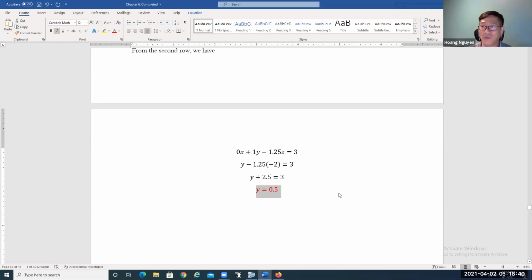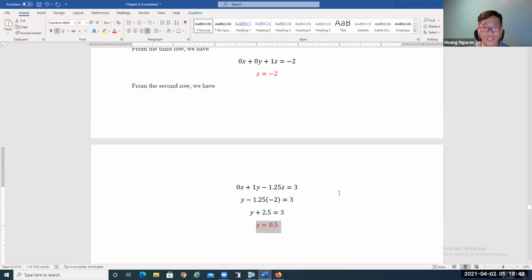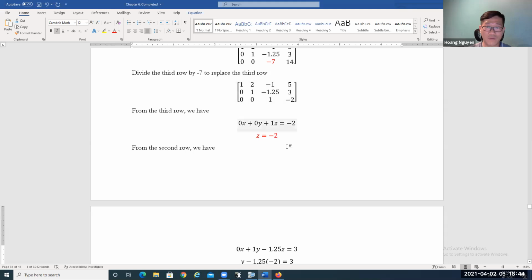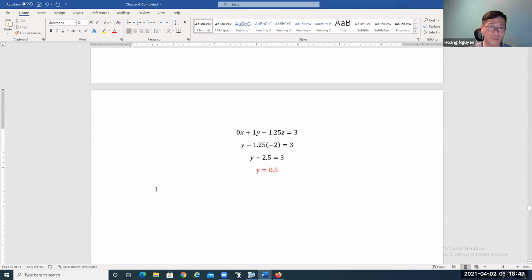Now we're ready to find the solution for the last variable, which is x, right?